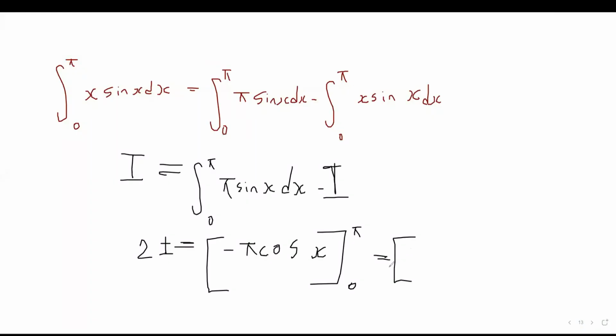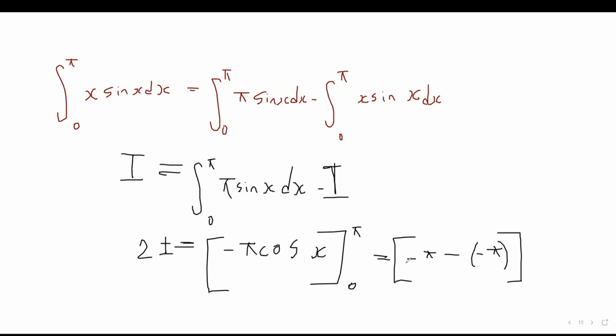So we're going to get negative 1 times pi is negative pi minus, so we'll plug in 0. The cos of 0 is 1, though. So we'll get minus minus pi, right? Right, Marika? Yes, sir.